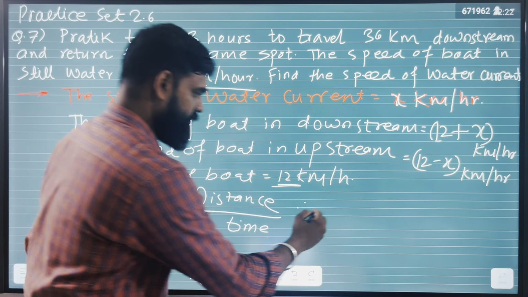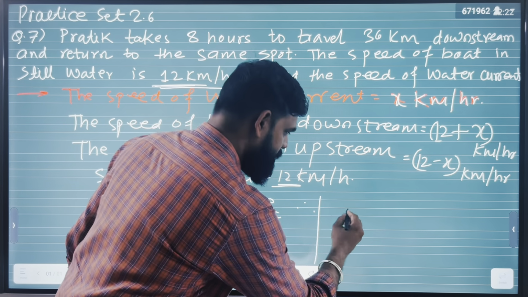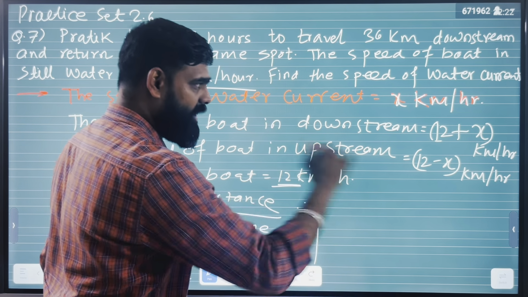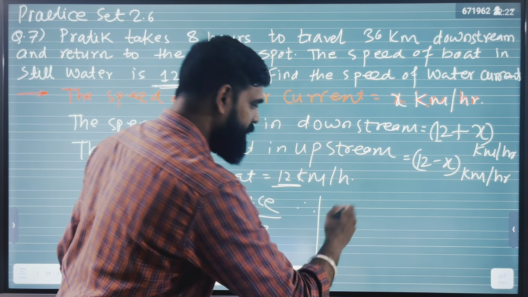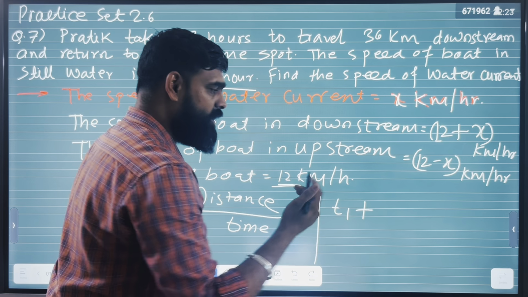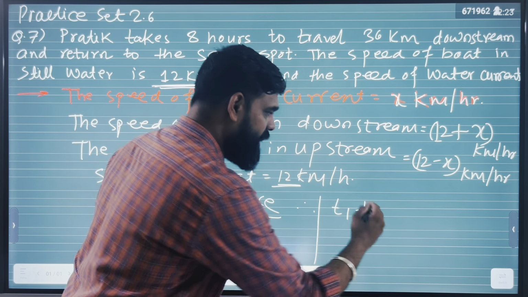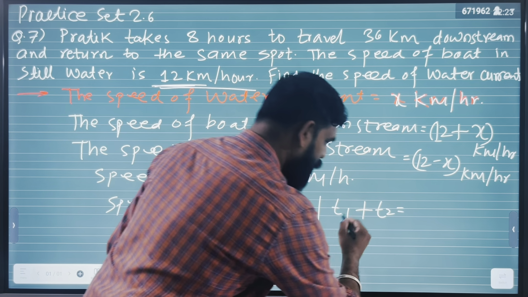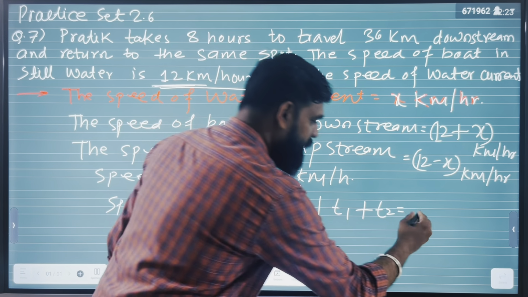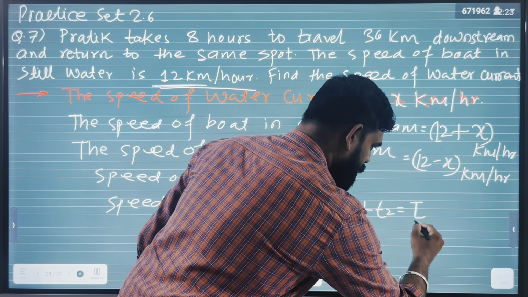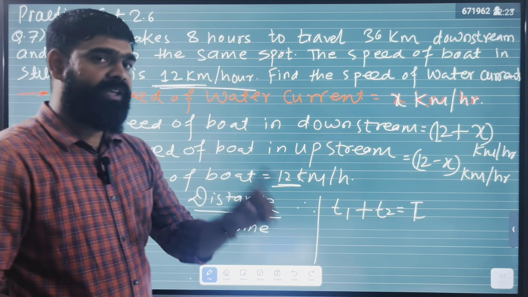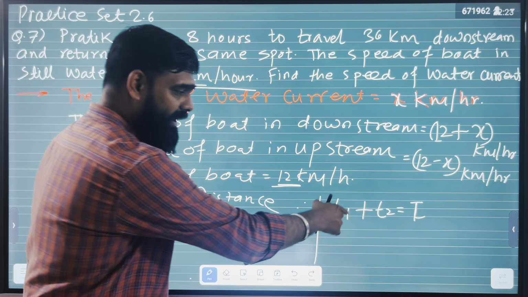He is traveling downstream, and we are considering that the downstream time is t1, and he is again returning, so that returning time is t2, and t1 plus t2 becomes the total time t. Okay, and that total time is 8 hours, right? So how to find this t1?